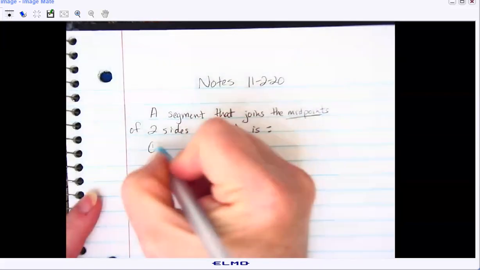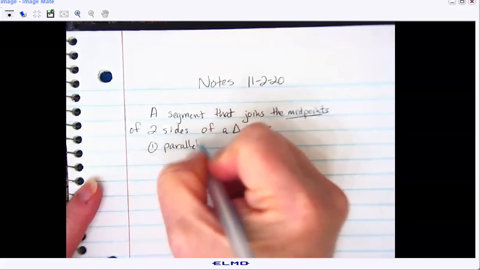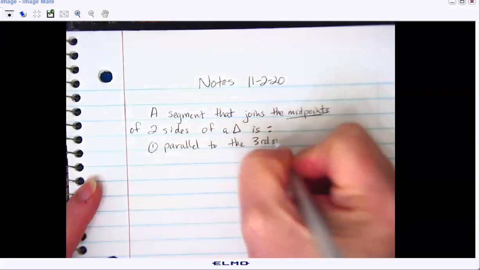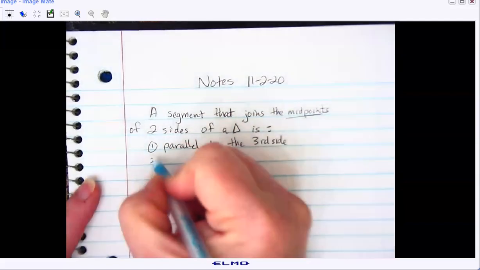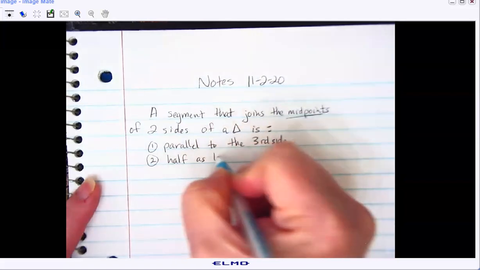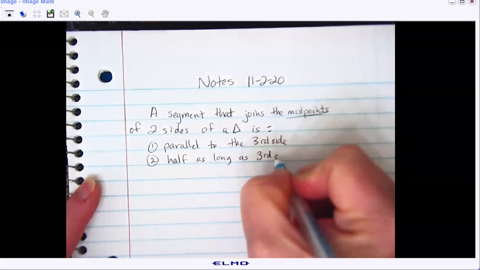One, that segment is parallel to the third side of the triangle, and that segment is half as long as the third side.